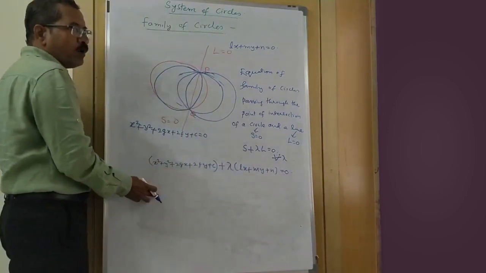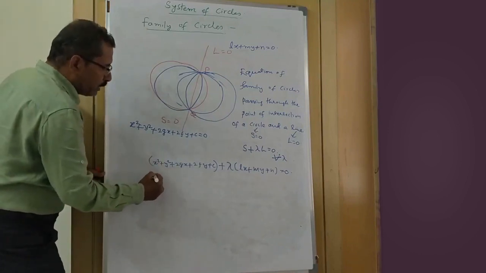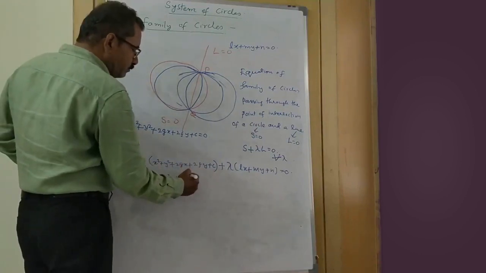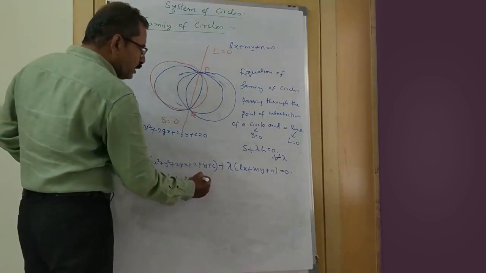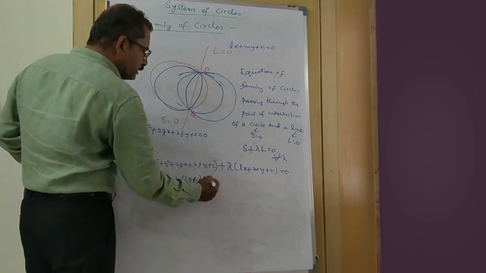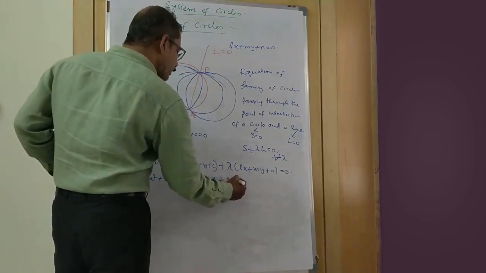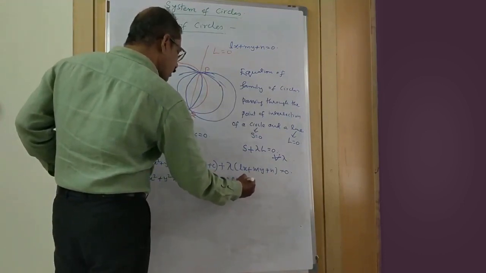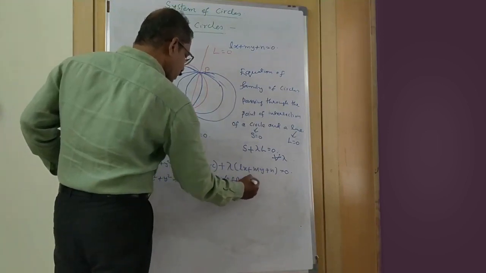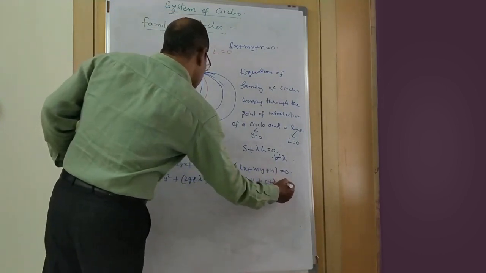This is also in the form of the general equation of the circle: x square plus y square plus (2g plus lambda L) into x plus (2f plus lambda m) into y plus c plus lambda n is equal to 0.